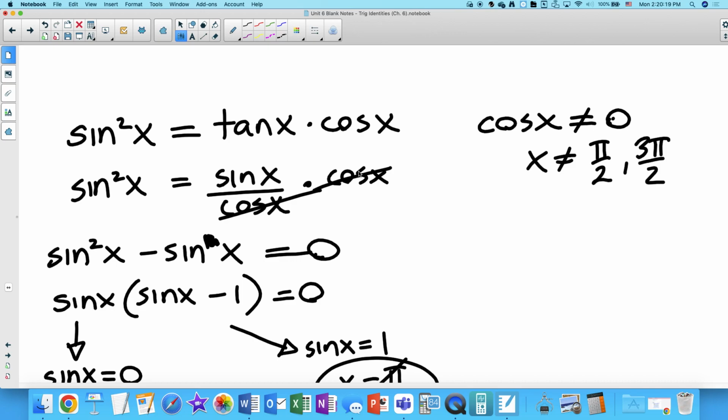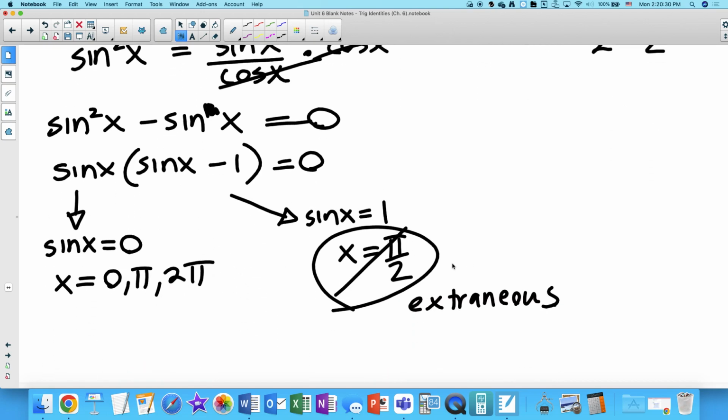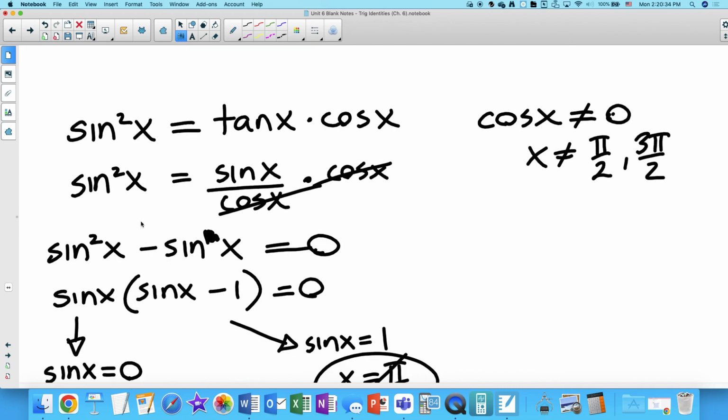The key piece here is that you start from the beginning without simplification, because if you were to take this value of pi over 2 and plug it back into the original, on the left side you would have 1, because it'd be 1 squared. On the right side, you would have 1 over 0 times 0.